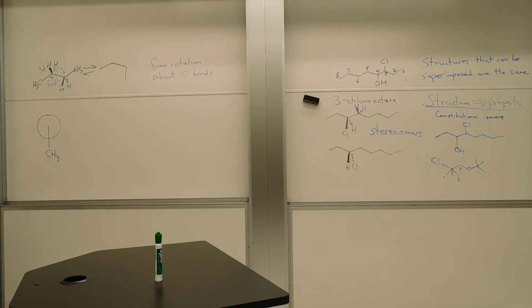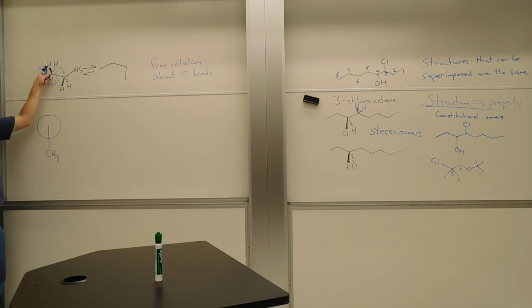Like that. So basically off this front carbon that's tetrahedral, all three of the things, if my eye is here, all three of the things are coming at me. And I'm just going to assume that. I'm not going to make an effort to show wedges there. Again, I'm here, looking there.